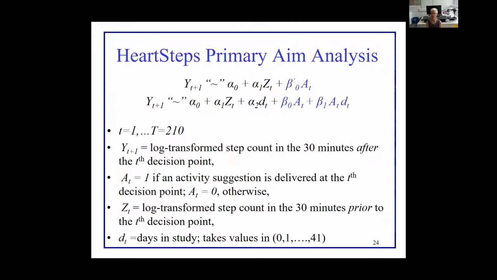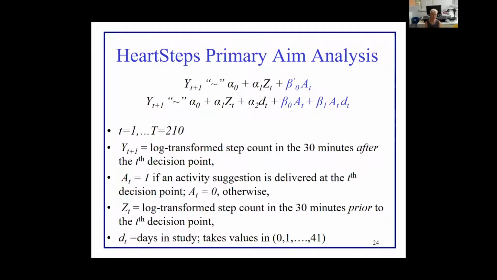We're constructing these models to detect whether or not there's a signal. Again, the conceptual model, we actually used a log transform step count. The 30-minute step counts, they're very skewed, and the log helps us make the distribution of step count much more symmetric, and thus our p-values and our confidence intervals are more accurate. That's the reason why we're using the log transform.